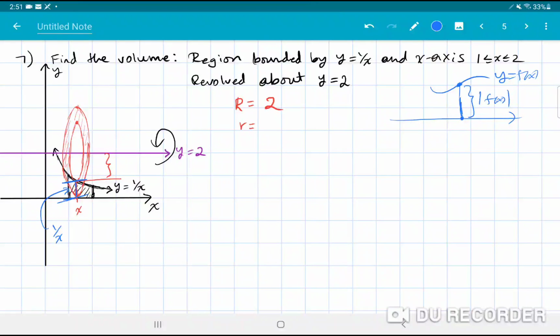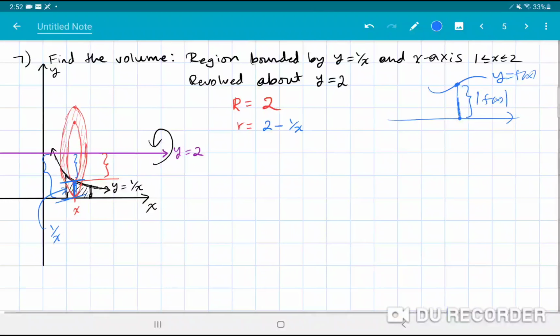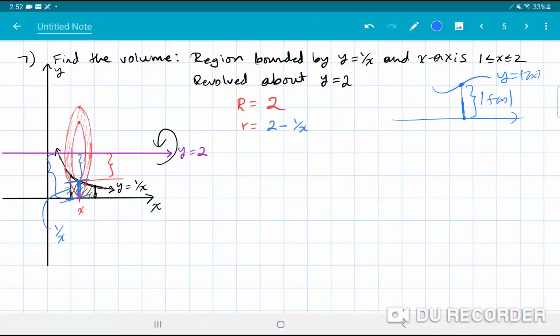So if f of x is positive, simply f of x. In this case, it's 1 over x. So this distance being 1 over x, we're looking for this distance. And we know that this whole thing is 2 units. So it's going to be 2 minus 1 over x. That's the smaller radius, the radius of the inner circle. Okay, so this distance here is 2 minus 1 over x.